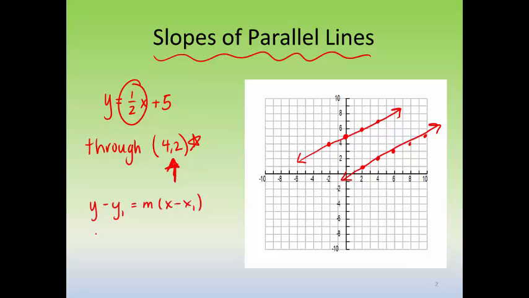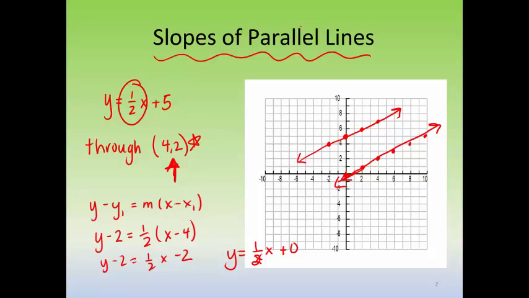This will give me y minus 2 equals 1/2 times x minus 4. And I can simplify that if I choose. y minus 2 equals 1/2 x minus 2. I can add 2 to the other side, and I get the equation of y equals 1/2 x plus 0, or just y equals 1/2 x, because this is going to go through the origin.